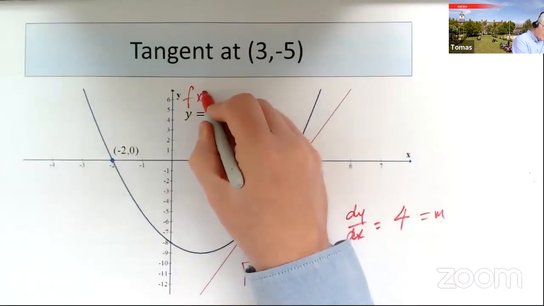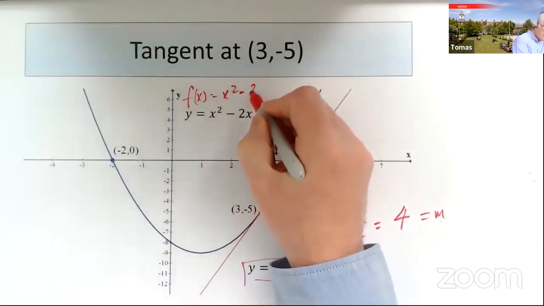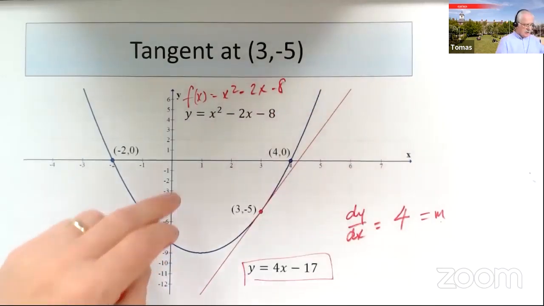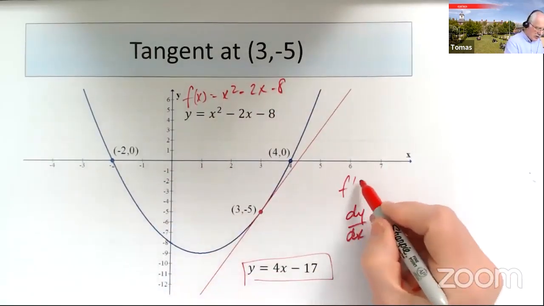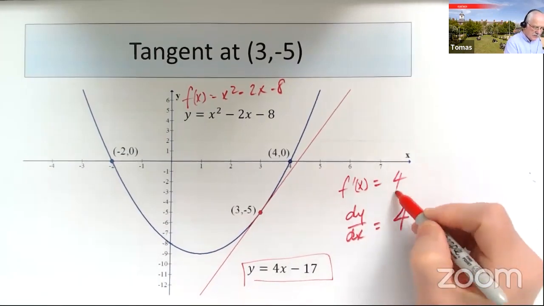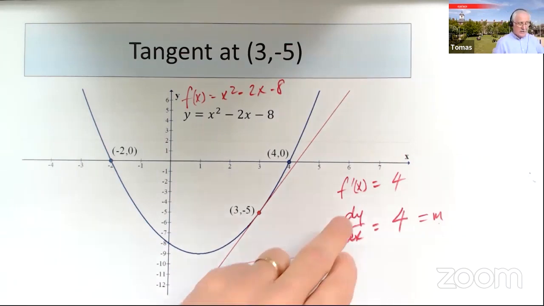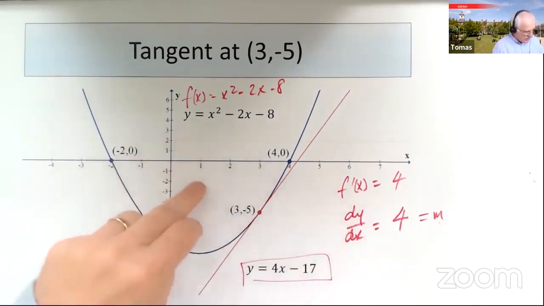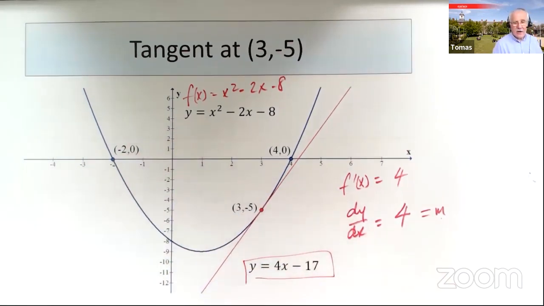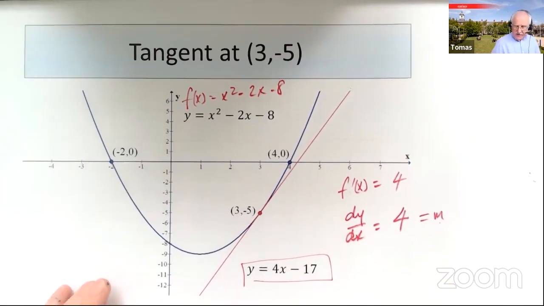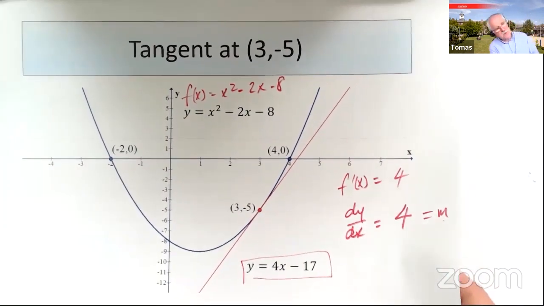If we had called it f of x, it would have been exactly the same question, and instead of dy/dx you might have called it f dash x. So it doesn't matter how they give it to you in the exam question, whether they call it f dash x or dy/dx or m or anything else, you can do it. It's the same techniques you were using.